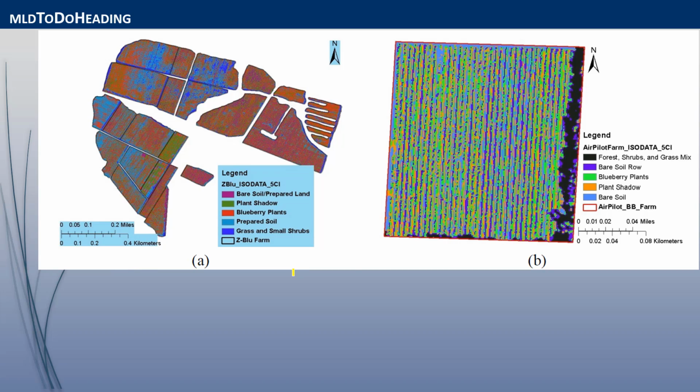And this is the heat map for a particular area of a plot, and this purple line is showing bare soil and green is the plant shadow.